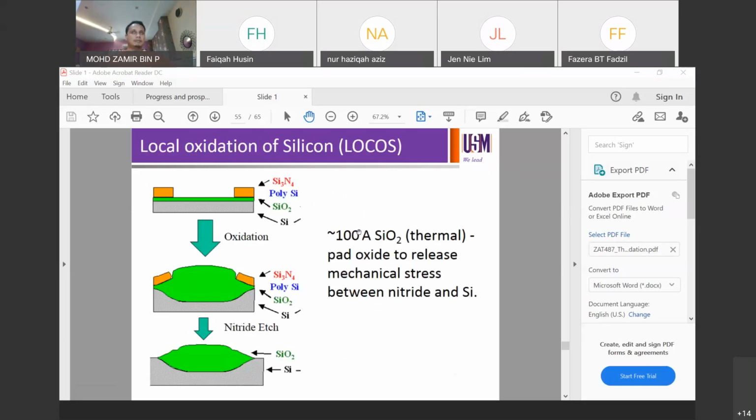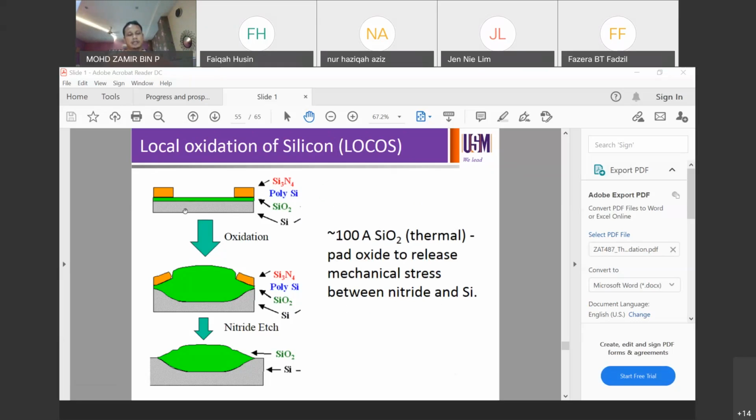Right, another scope of the oxidation process that is beneficial for you to know is called LOCOS, local oxidation of silicon. It's not low cost, it's LOCOS, local oxidation of silicon. It can be done like this.